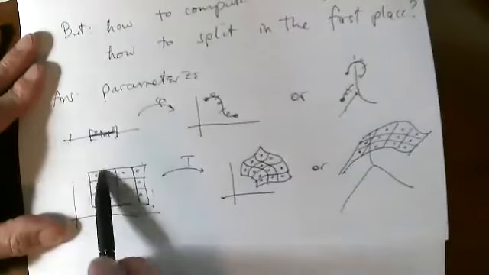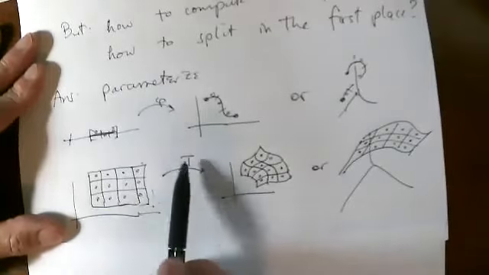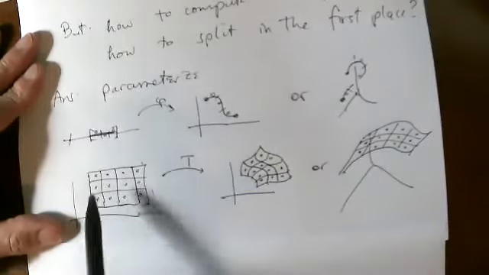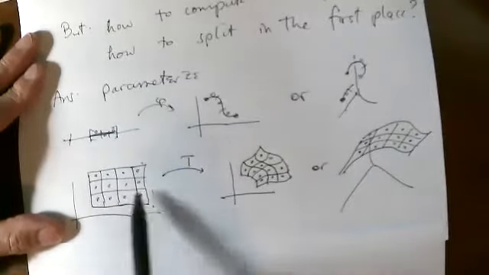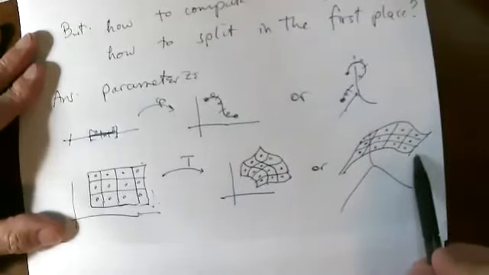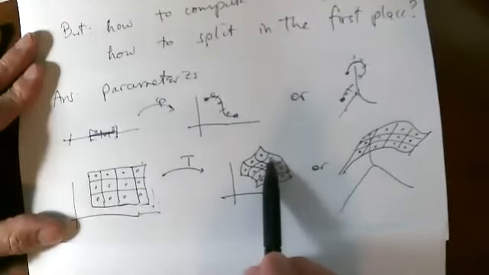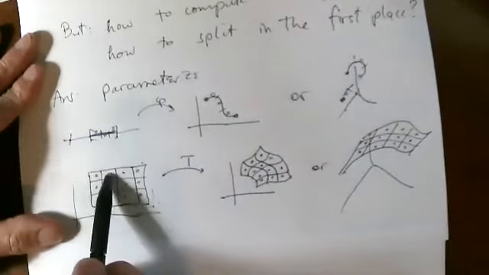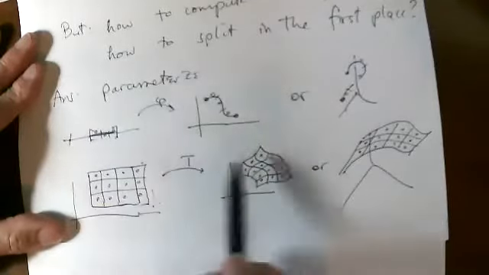You just partition this set and watch where each one of these little pieces goes under the transformation capital T. So I've drawn it, this is a 3x4 rectangle here. It's divided into 12 little pieces, and each of these is correspondingly now divided into 12 little pieces. And when you have to pick a point inside each one of those little pieces, obviously the way to do it is just to pick a point inside the smaller piece that corresponds to it.